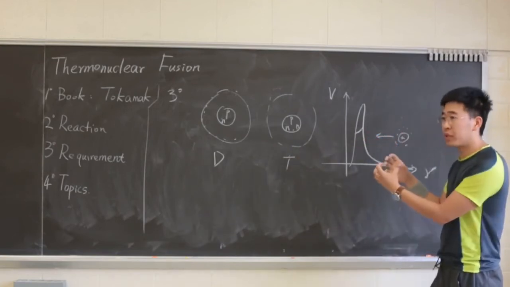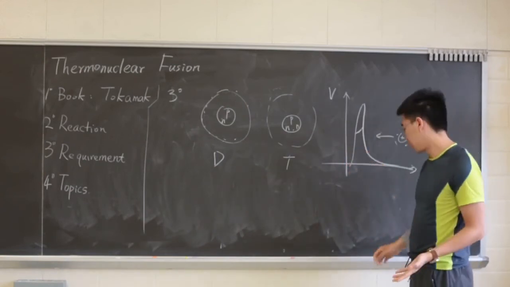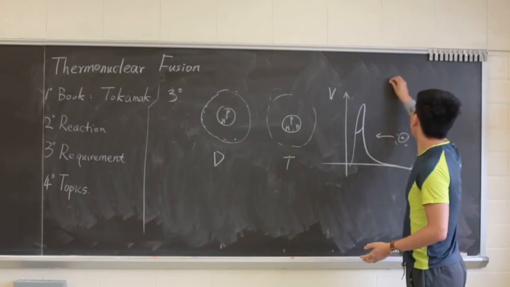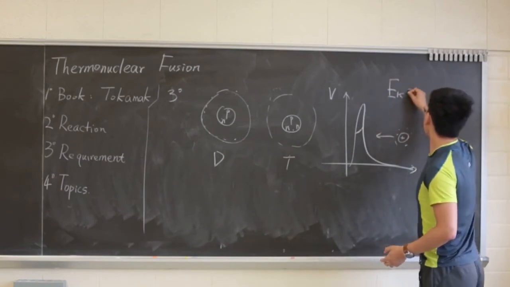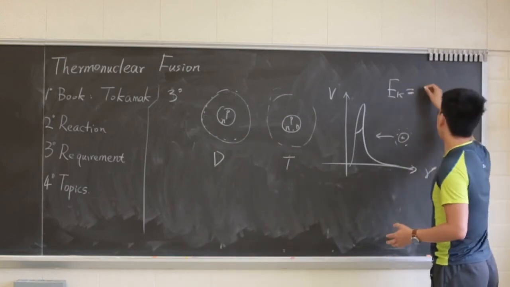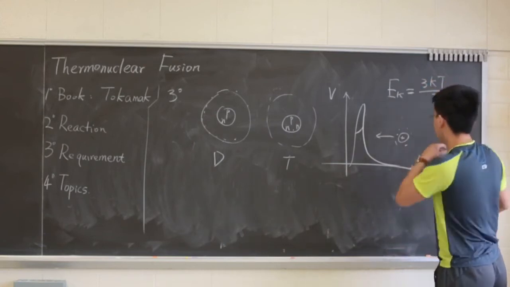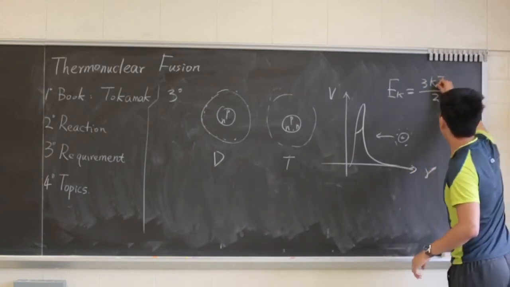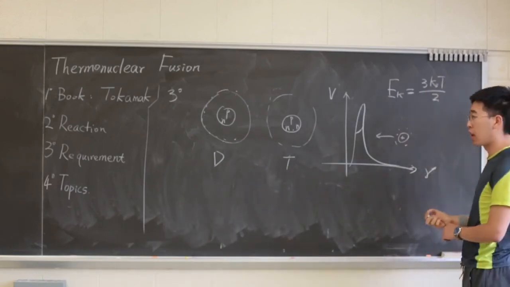If you have a really low temperature, we all know the kinetic energy of a randomly moving particle in an ideal gas is this, where k is the Boltzmann constant and T is temperature in Kelvin.